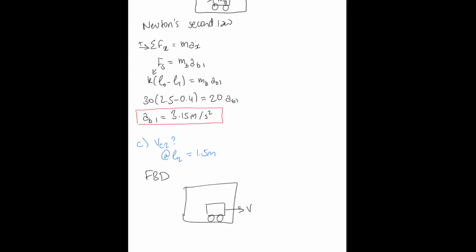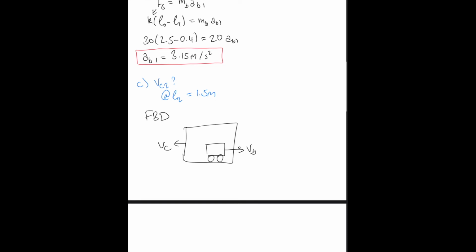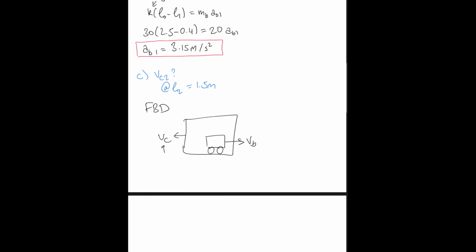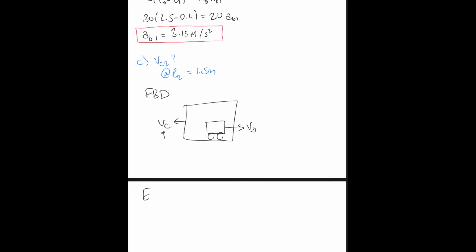So this is the velocity of the box. Now, due to that force of the spring moving the box this way, the crate will be moving in the opposite direction. Okay? Now, to find this velocity over here, we need to do some energy conservation equations.